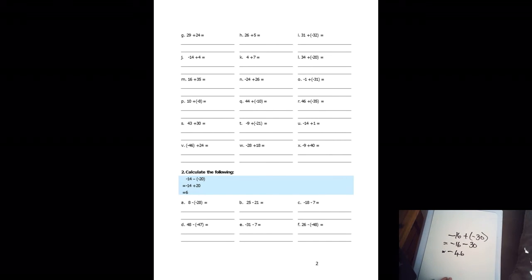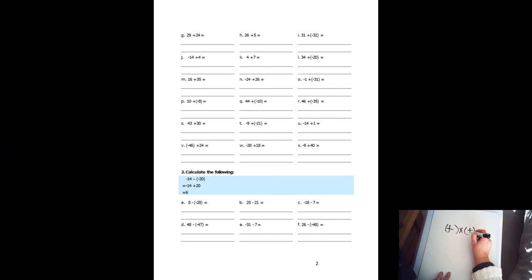Guys, something important to please copy down. If I multiply, just a quick recap. If I multiply plus by plus, so brackets, or the sign, but mostly brackets for now.